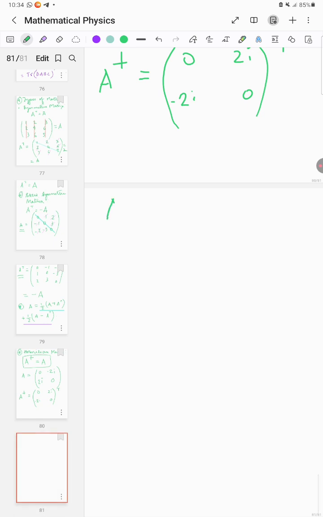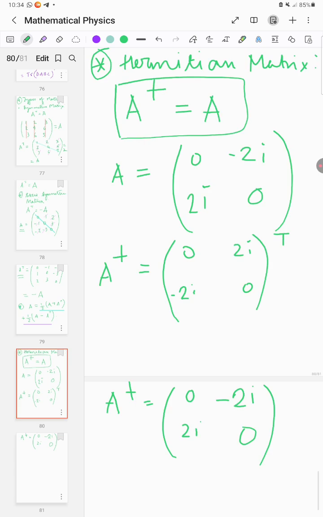So now A dagger becomes [0, 2i; -2i, 0], which is nothing but A, right? We started with this as the A.